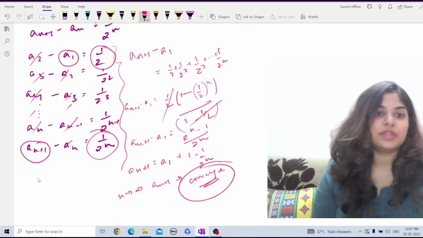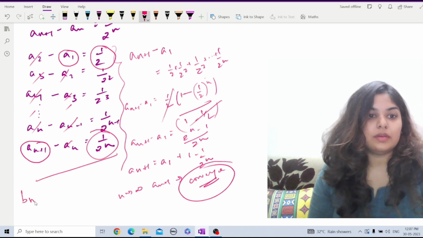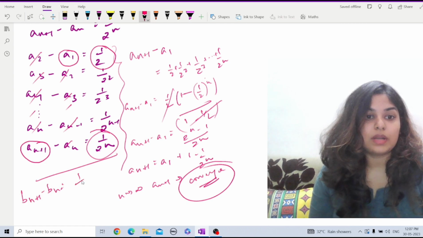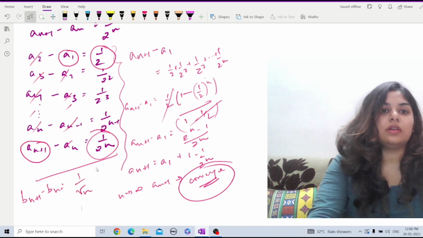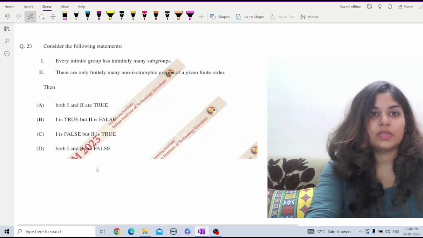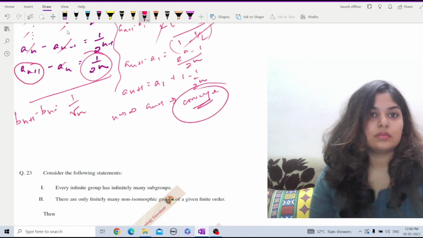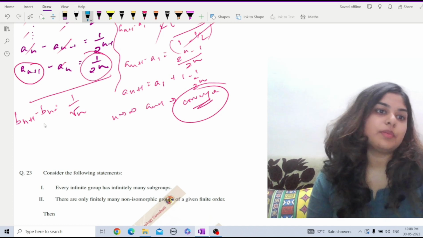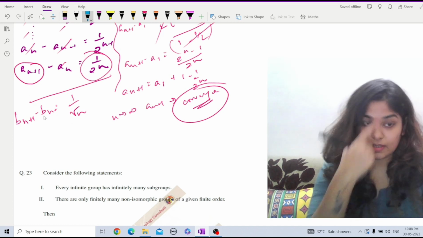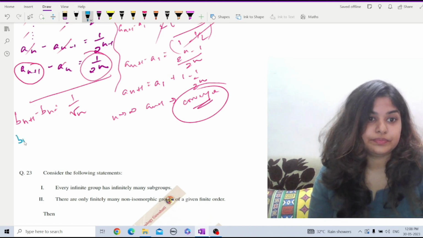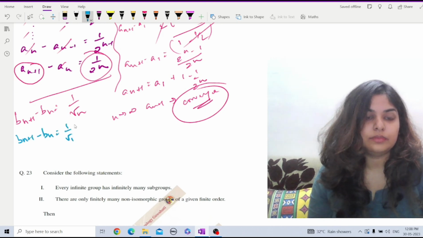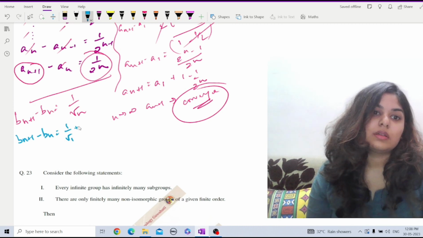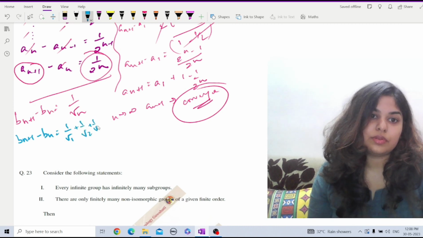Now let us talk about series B. We are given bn plus 1 minus bn is equal to 1 by root n. Again we will go through the same procedure. After putting in the values and cancelling out, we will get bn plus 1 minus b1 is equal to 1 by root 1 plus 1 by root 2 plus 1 by root 3 plus dot dot dot 1 by root n.